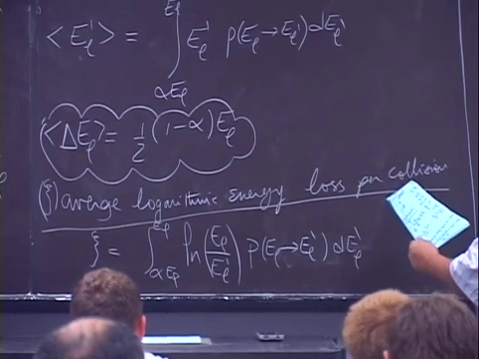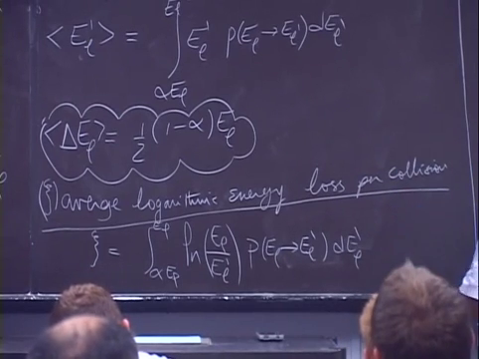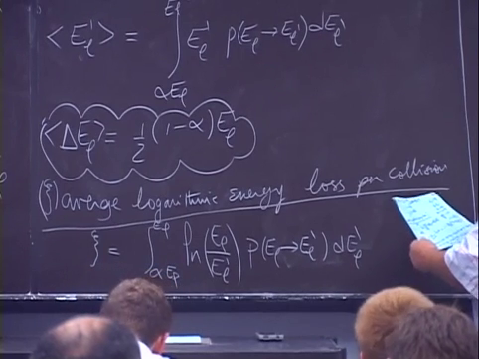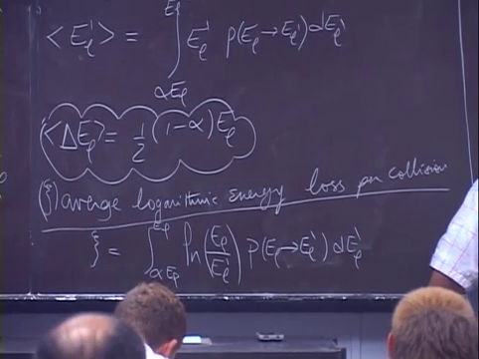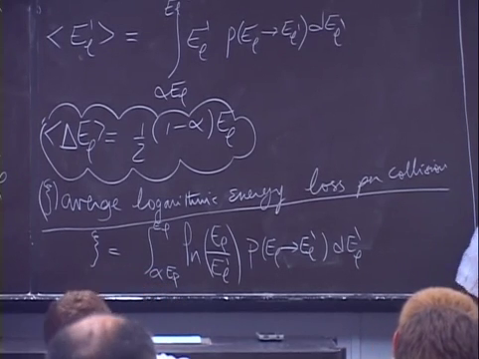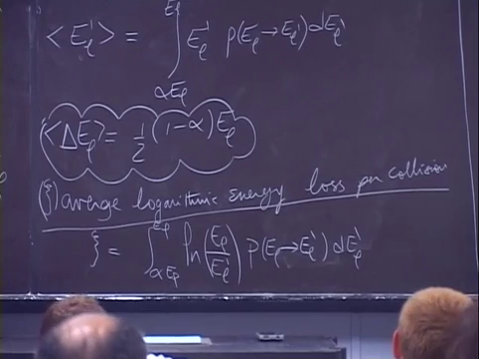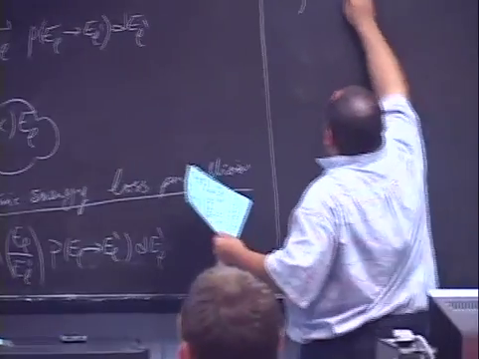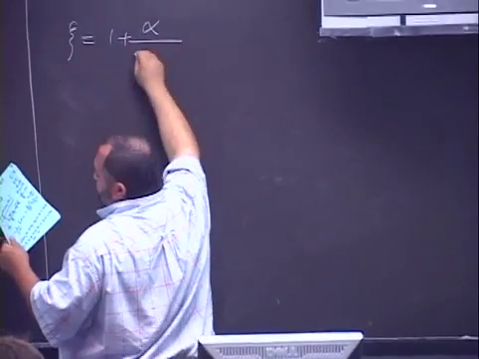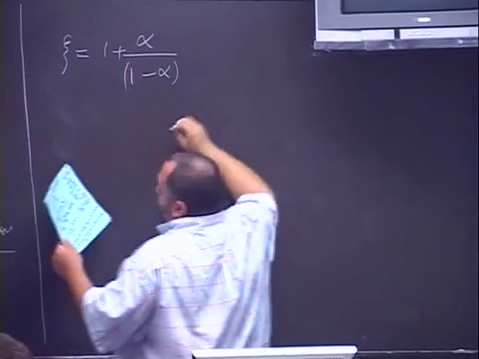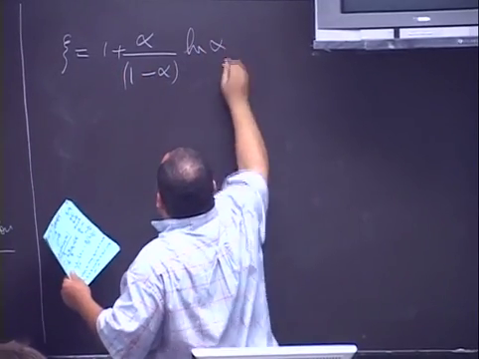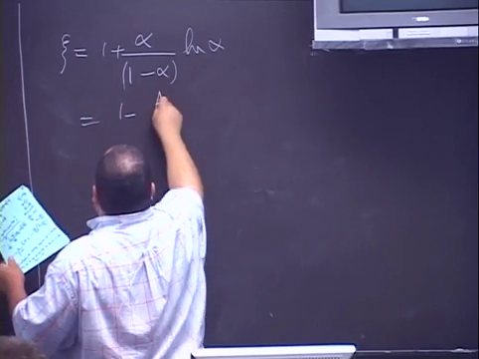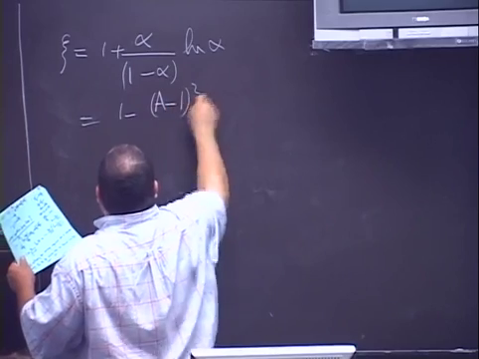So if you do this, you will notice that this is equal to 1 plus alpha divided by 1 minus alpha, all multiplied by ln alpha. Or if you want, in atomic mass number, here it is.